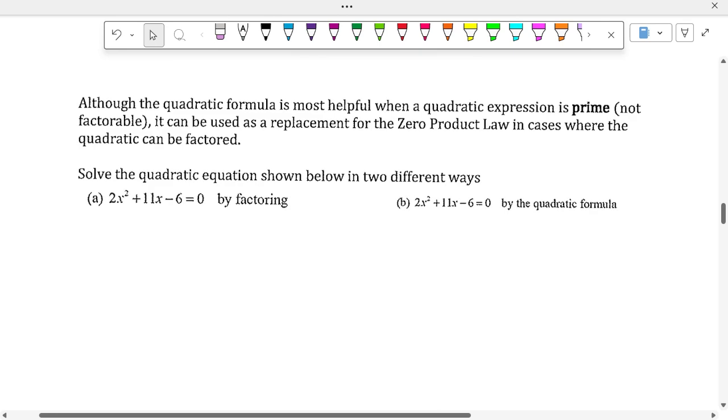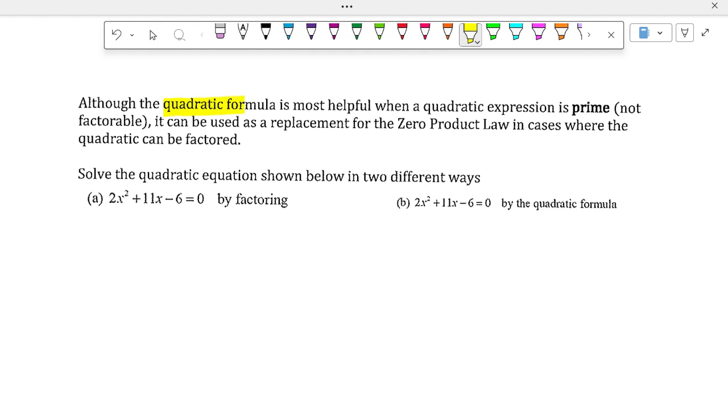The easiest way to look at the quadratic formula, first off, is to do one where we can solve by factoring, because the solution should match up. So you can see that it works either way. Remember, the quadratic formula is most helpful when you have a quadratic expression that is prime, which is just a fancy way of saying not factorable.